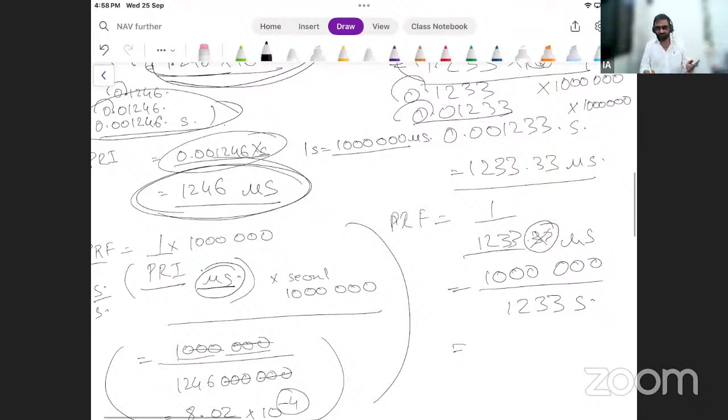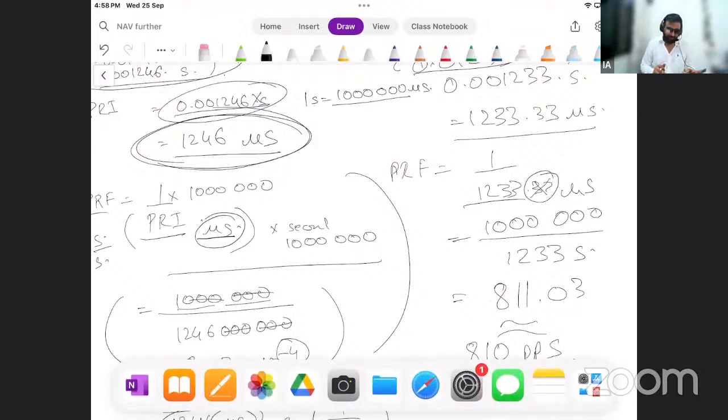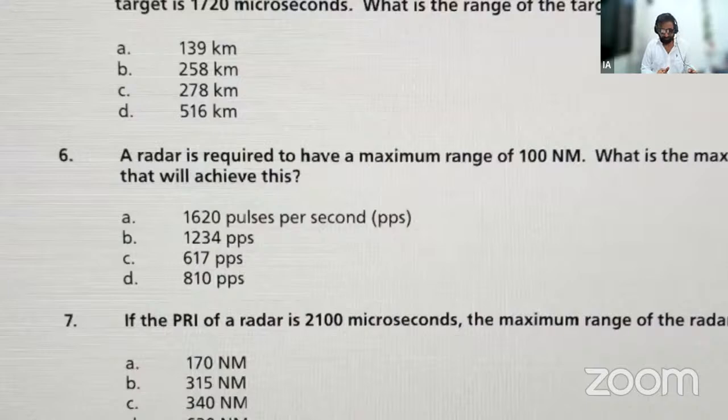Again, we'll just simply try to solve this. 1,000 divided by 1233 is equal to 811.03, which rounded off to the nearest tenth will give you 810 pps. Now it is more accurate to the answer given here, 810.